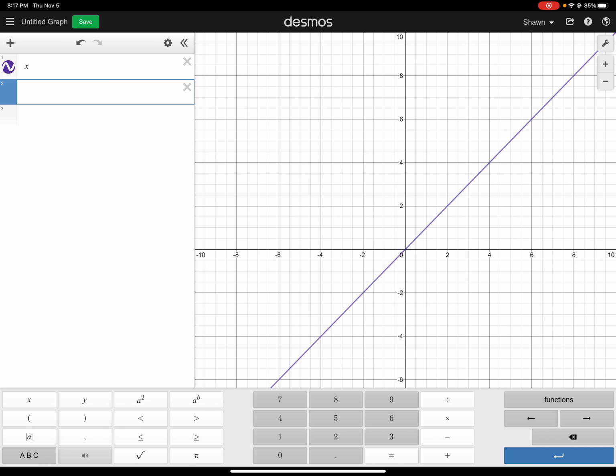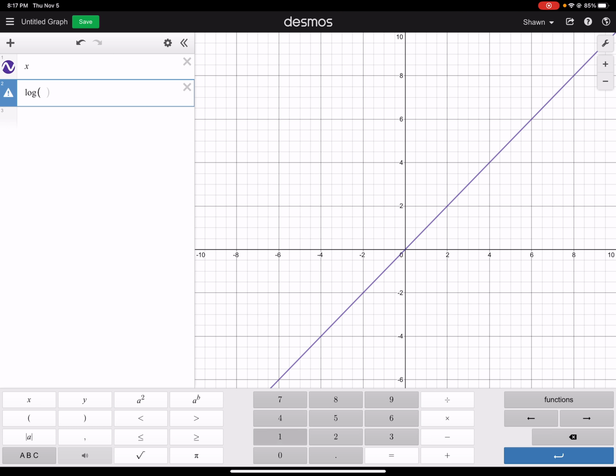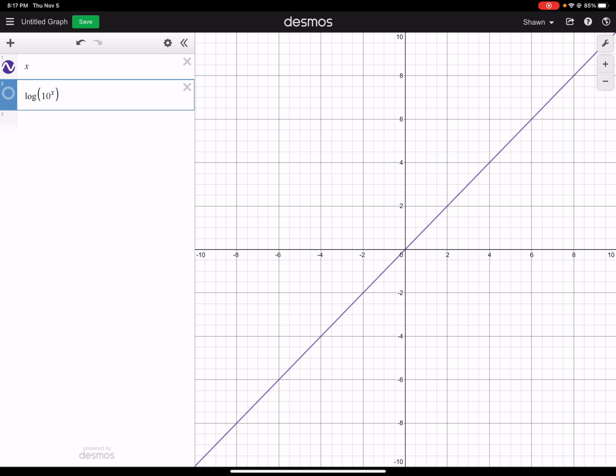If I instead did this and said log of 10 to the x, notice that that stays and lays on top of it.